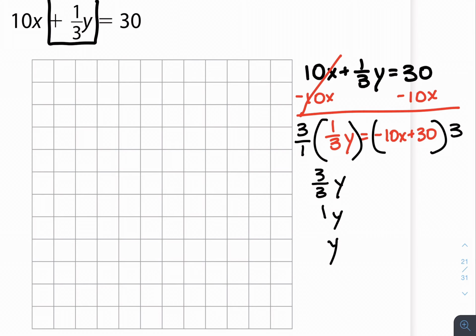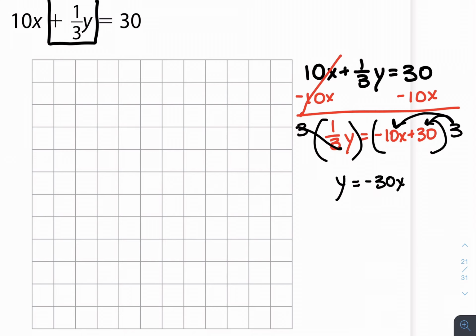So I'm left with y equals, distribute this 3 to every term. 3 times negative 10x is negative 30x, and 3 times 30 is 90. So my slope here is negative 30/1, and my y-intercept is 0, 90.